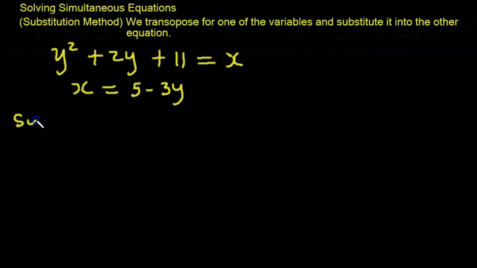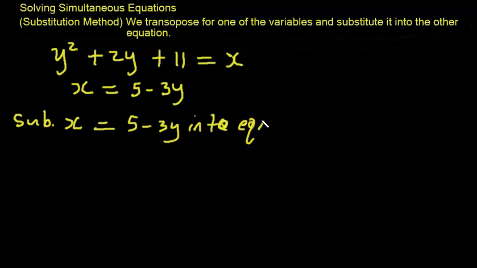So substitute x equal to 5 minus 3y into, let me just put EQ1, abbreviating equation 1. Right, here's equation 1, y squared plus 2y plus 11 is equal to x.